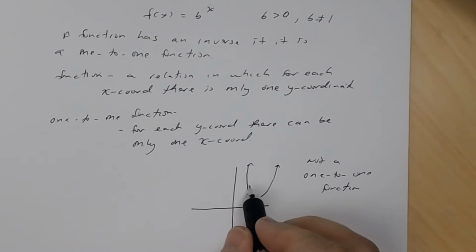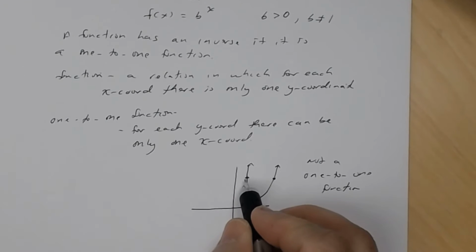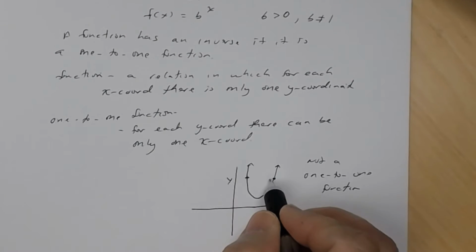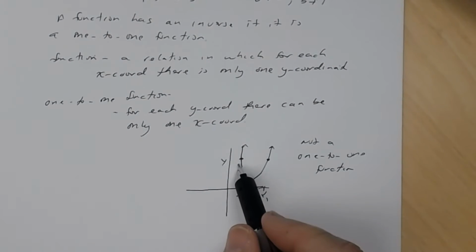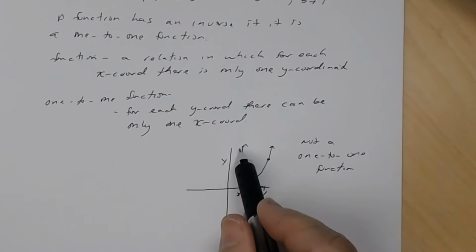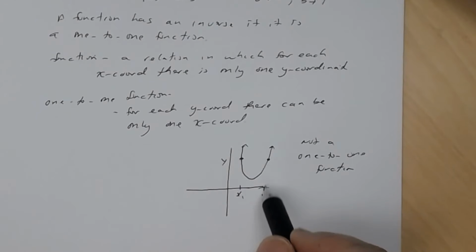Because if you look at these 2 points here, they both have the same y-coordinate, but they have different x-coordinates. All right. So for these 2 points, they both have the same y-coordinate but different x-coordinates.